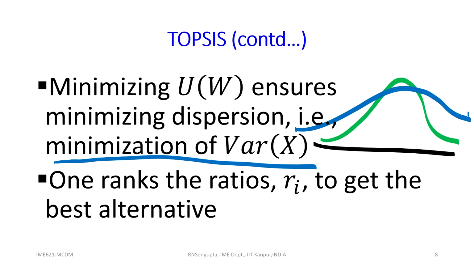Both have the same mean values, but the dispersion or the variability for the blue is higher, for the green is less. So, one would rank the ratios Ri's which we get, as I just discussed, to get the best alternative and take the decisions accordingly.